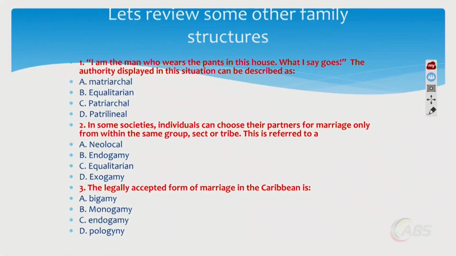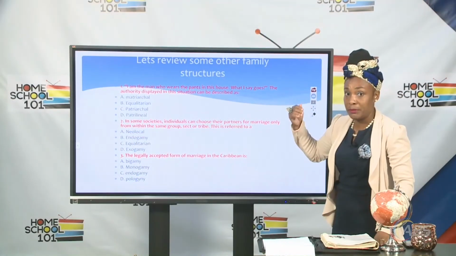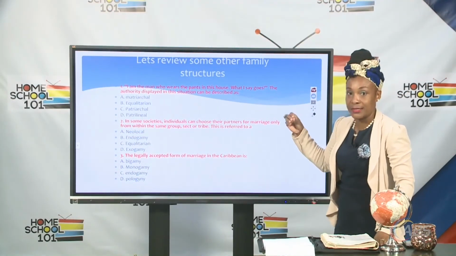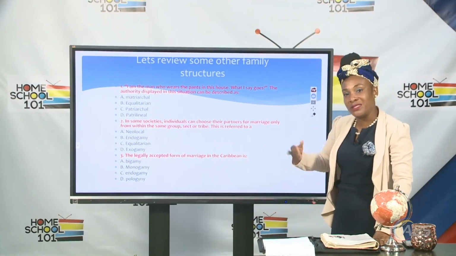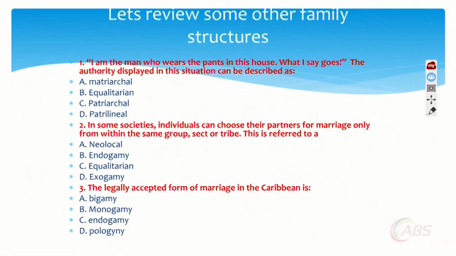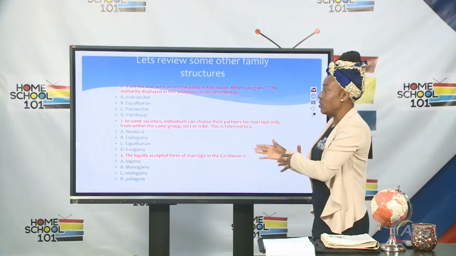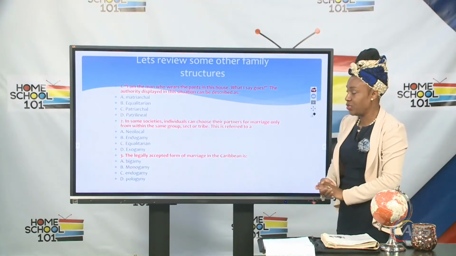So, of course, matriarchal could not be correct, because that has to do with the woman and her authority. And it says, I am the man, remember that. Equilateral, as I said before, this person thinks everybody is equal on the same level. Patriarchal, yes, that is the correct answer, because this is a concept that deals with the authority of the male inside of the home. Okay, so C is correct. Patriarchal.